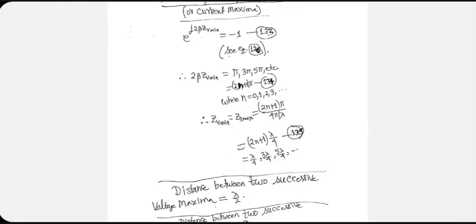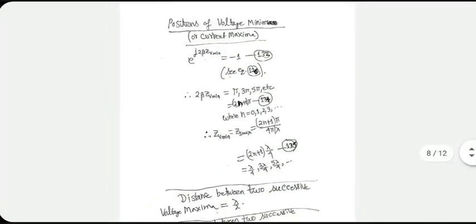Now 2 beta ZV minimum should be pi, 3 pi, 5 pi, etc. I'm writing that as 2n plus 1 multiplied by pi, where n is an integer different from m. It is 0, 1, 2, 3. In this case, what we find is that voltage minima are at lambda by 4, 3 lambda by 4, 5 lambda by 4, and so on. And current maxima also at the same location.